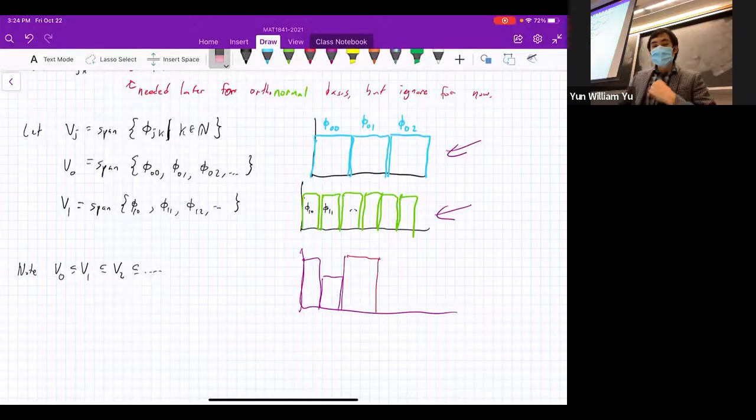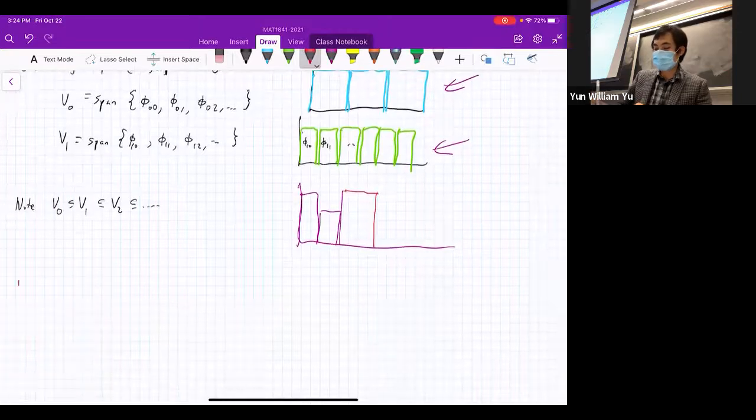What we've done is we've basically constructed a series of spans. And let's talk now about orthogonality, since we want to construct a basis and not just a set of vectors that spans something. So, what is orthogonality? Hopefully you all remember this, but let's go ahead and define it for functions.